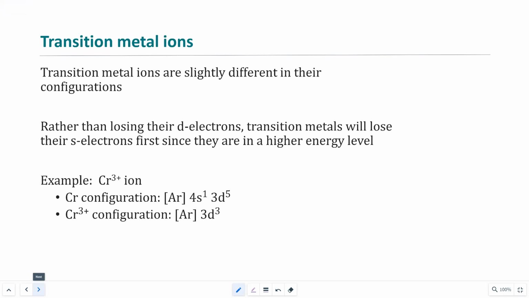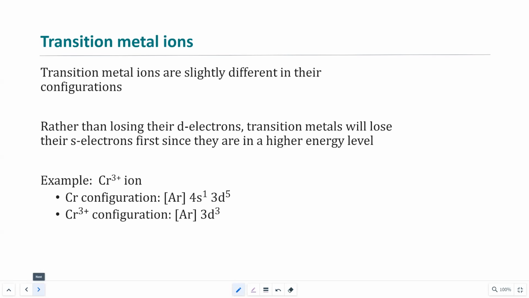Once again, transition metals are going to cause a bit of a problem for us. Because of that unique relationship between the s and the d orbitals, the configurations for these transition metal ions are going to be just a little bit different.